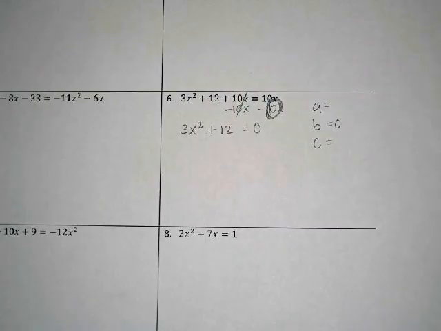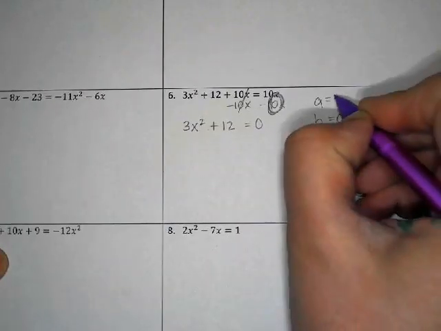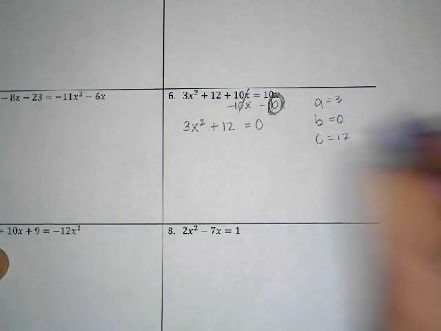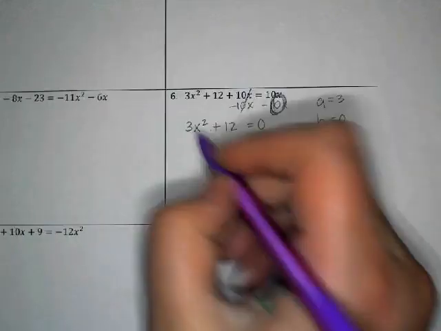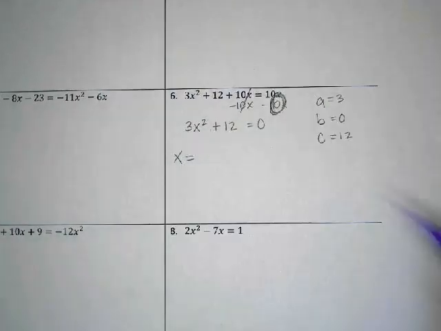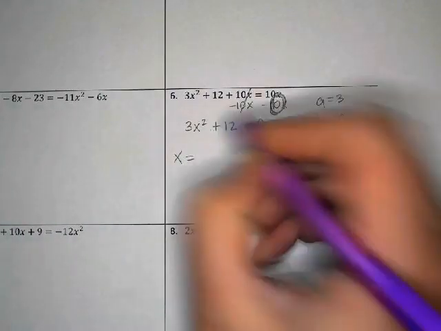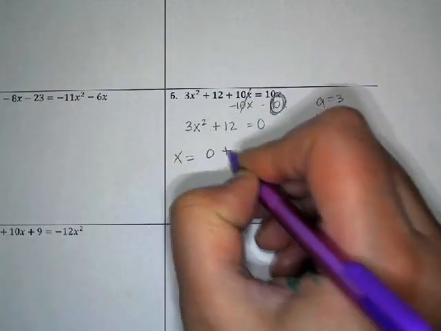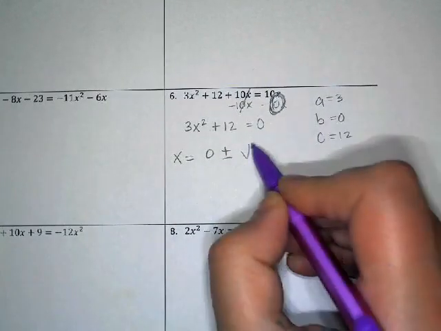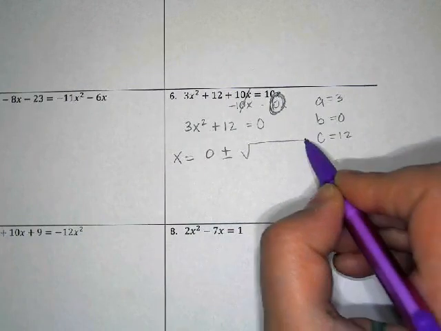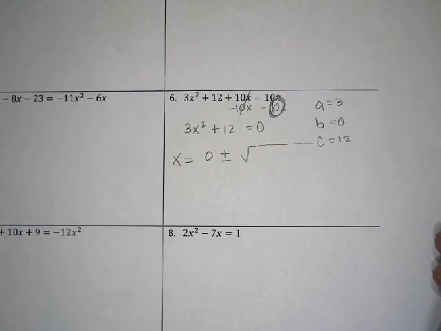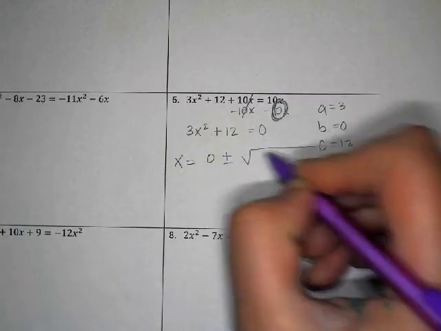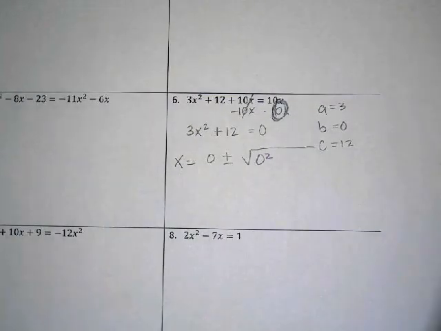Okay, so what should we be writing? X equals 0. And you could put positive 0 or negative 0 because of the formula. It doesn't matter because they're the same. And then what should we write next? B squared. So 0 squared. Okay. Okay.